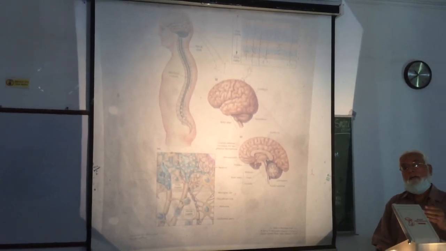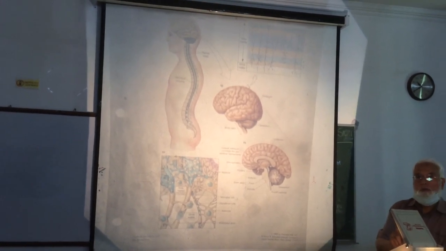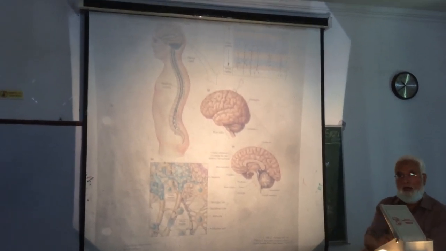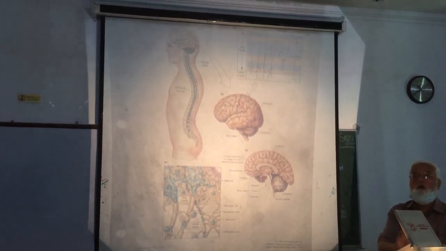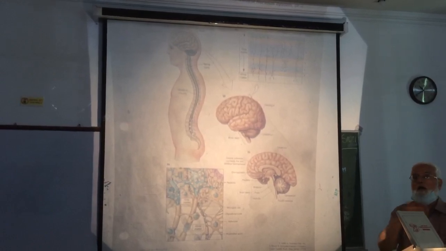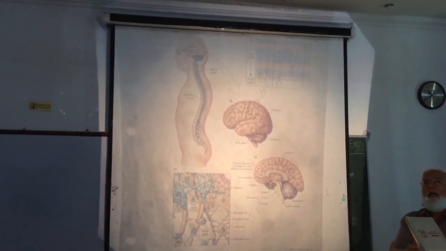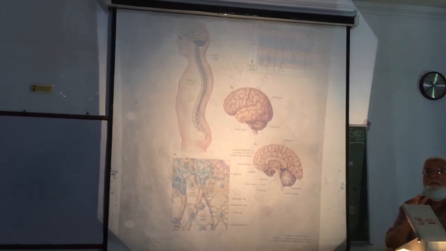Now in the tectum of the midbrain, there are 2 superior colliculi and 2 inferior colliculi.